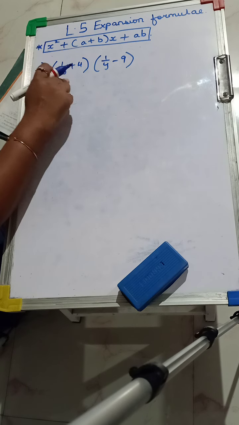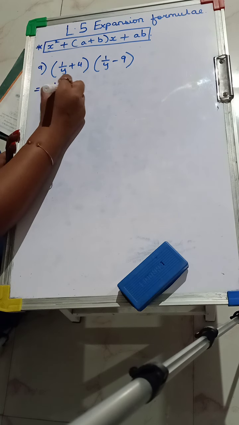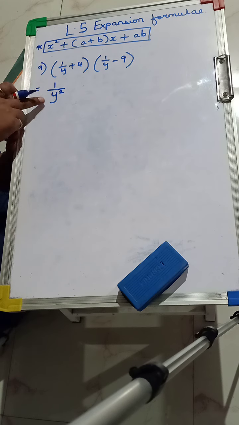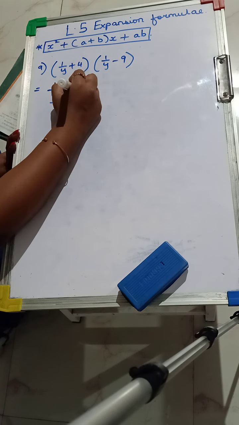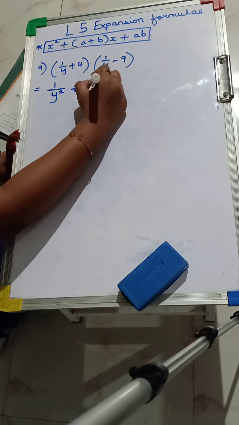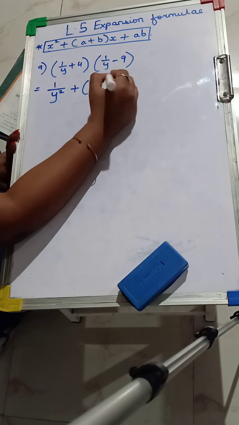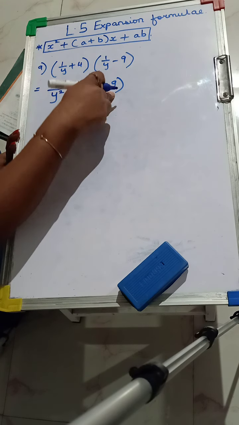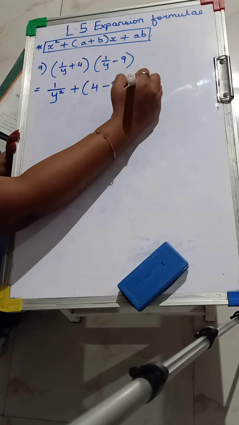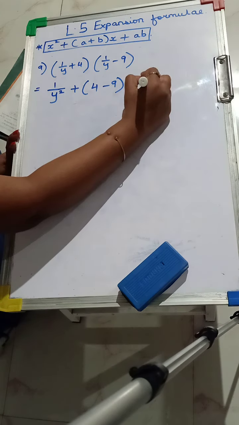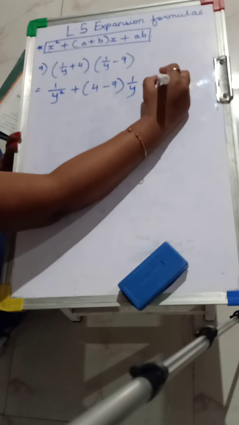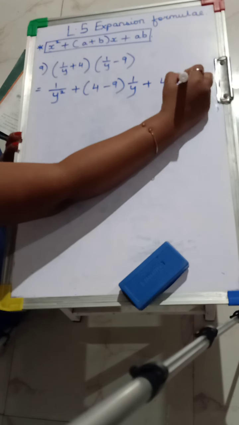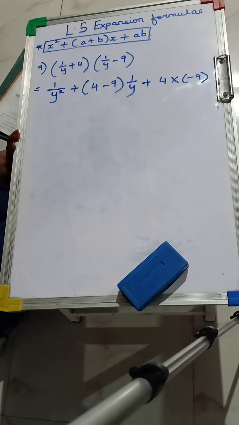We cannot write the square on top of the 1; we have to write it for the variable. So 1 upon y square plus, what is your a? a is 4 and b is minus 9. So 4 minus 9 x, that is 1 upon y, plus again ab. a is 4 multiplied by b, that is minus 9.